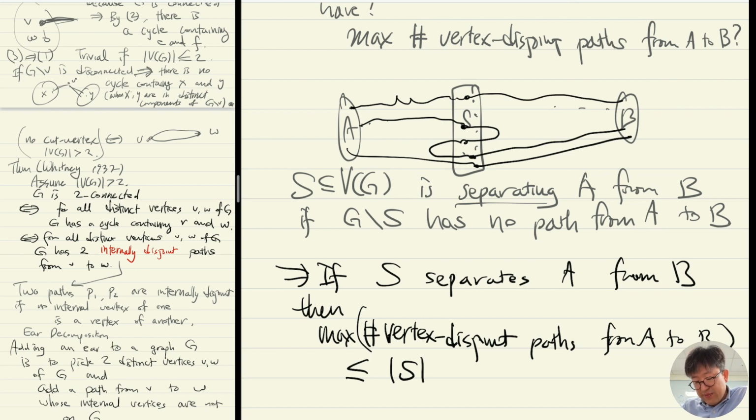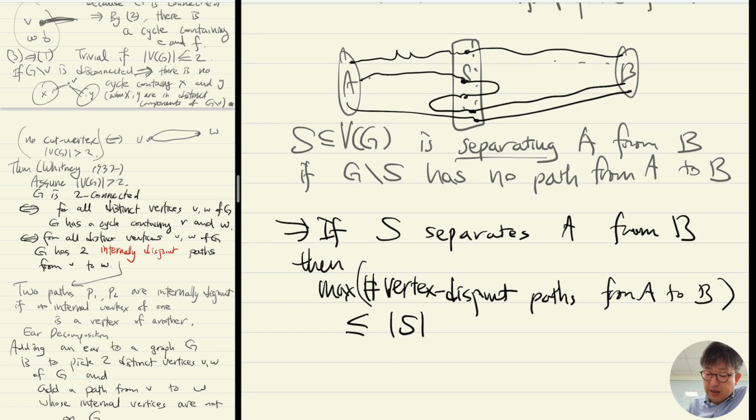You cannot have more than the size of S many disjoint paths. Why is that? Because every single path must intersect S.